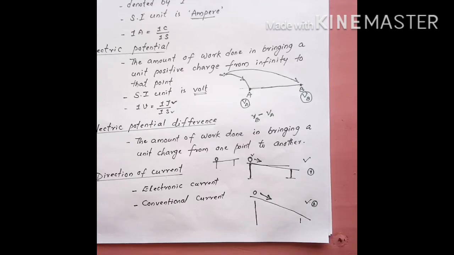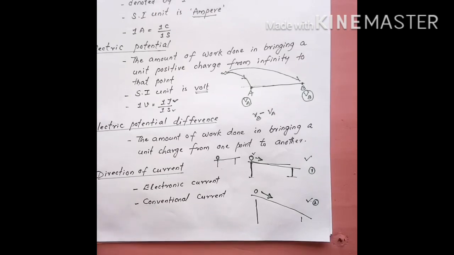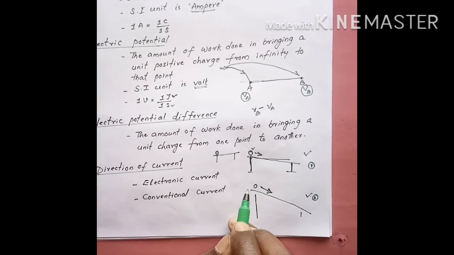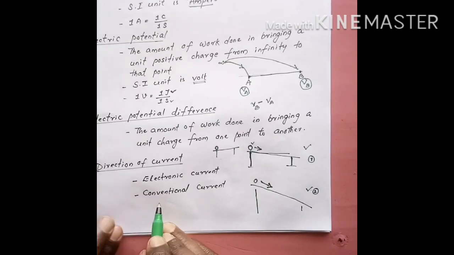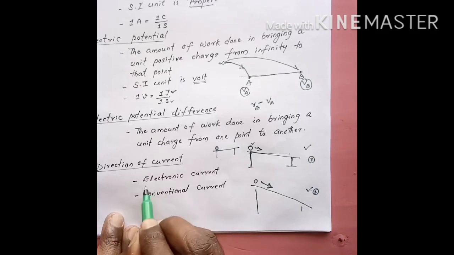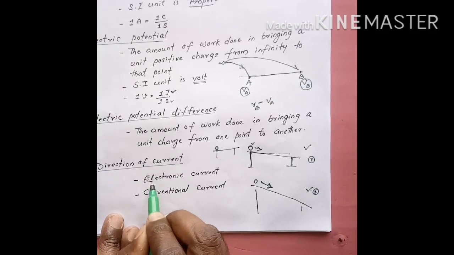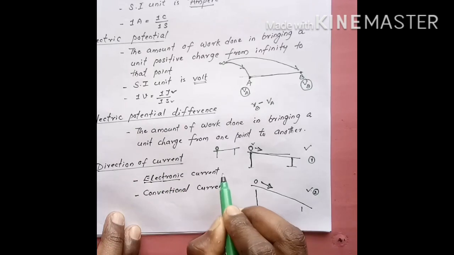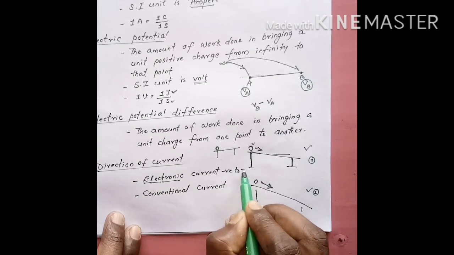Before going to the next topic, I would like to tell you about the direction of current in a circuit. When we are talking about a circuit, there should be a battery for the flowing of charges. Through a conductor, there are electrons. Electrons are flowing through a conductor from the negative terminal to the positive terminal, right?